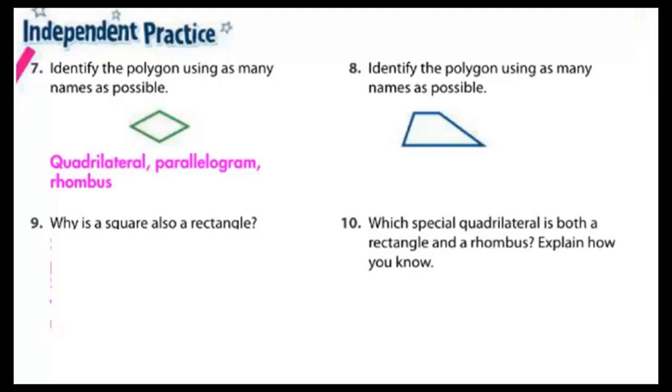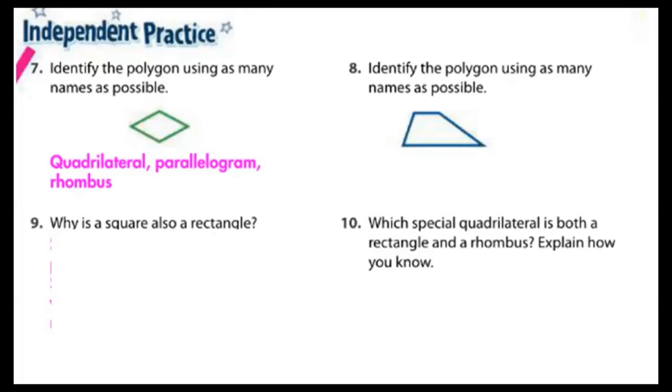Parallelogram, because each two opposite sides are parallel. Rhombus, why? Because all sides are equal in length and parallel and 0, 90 degrees. So we have 3 concepts, 3 names. Maybe one of them is appropriate for naming the polygon.